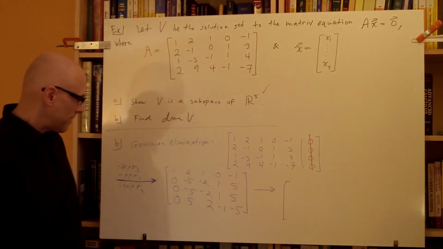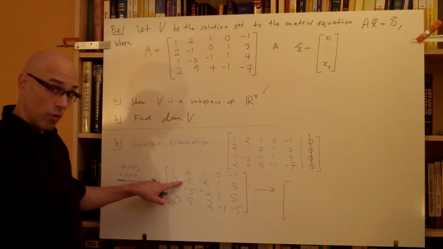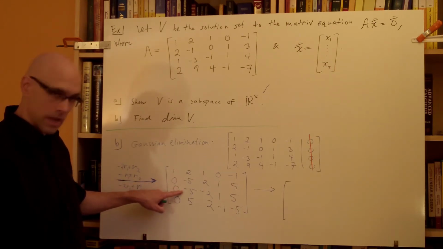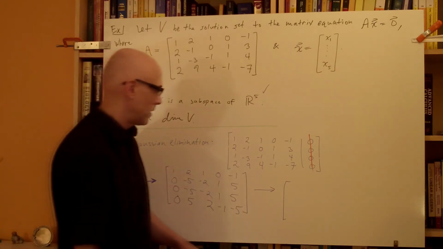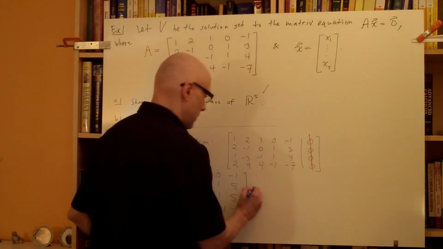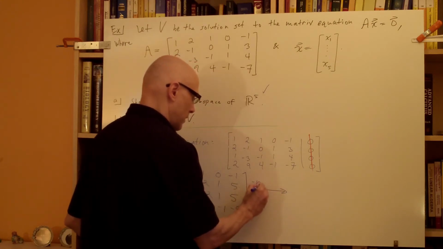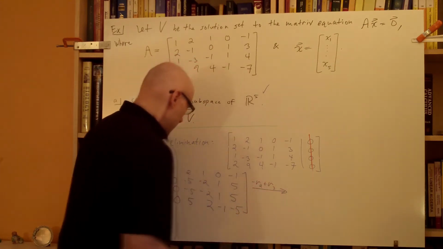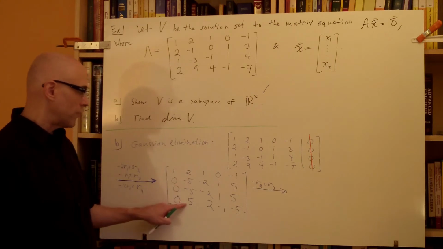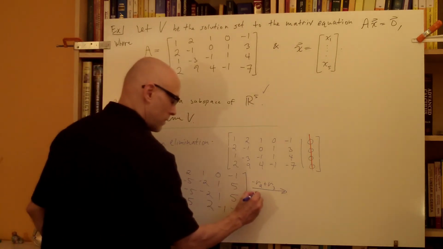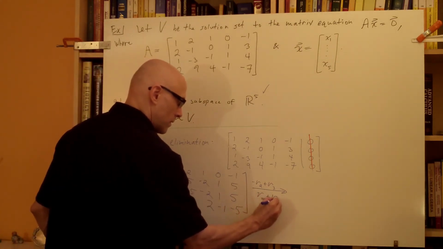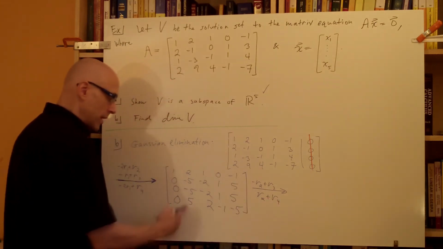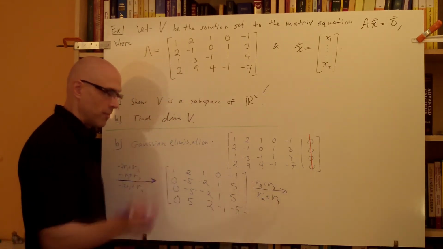We can add the negative of row 2 to row 3 to get a new row 3. And then just add row 2 to row 4 to get a new row 4. In so doing, these last two rows just become all zeros.